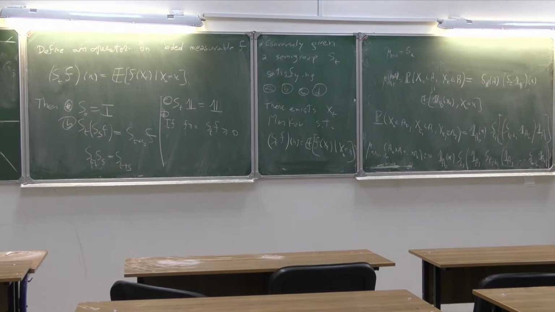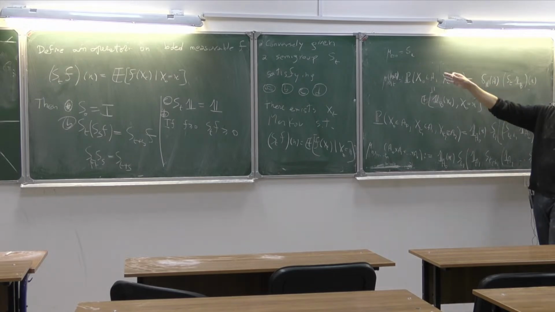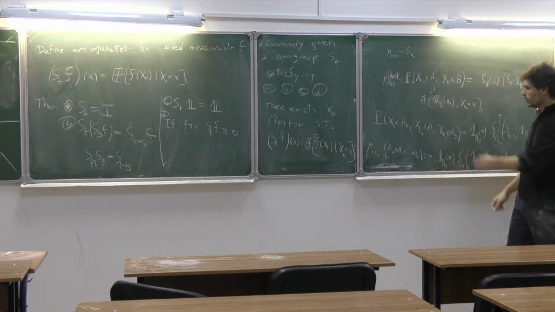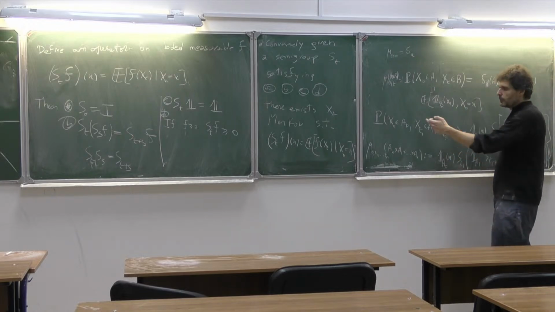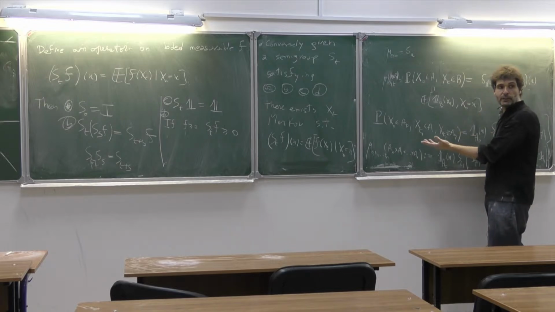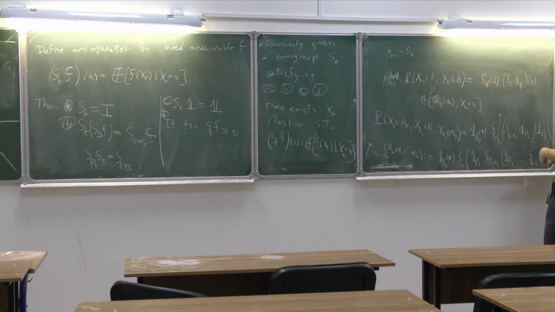It's a complicated index, a complicated formula, but it's not created out of nothing. You just condition every time. This is the Markov property. You condition at F_t1, F_t2, and so on, and every time use what the Markov property gives to come to this formula. And then you use it the opposite way.